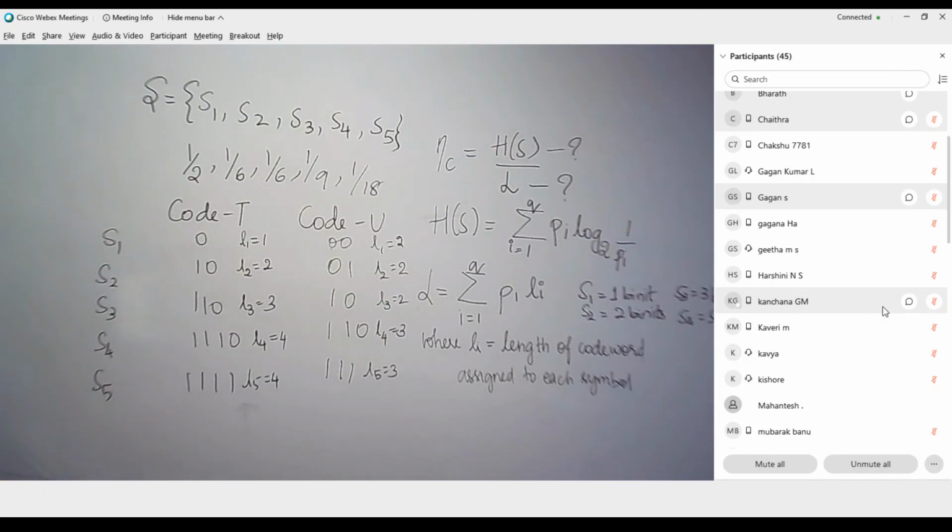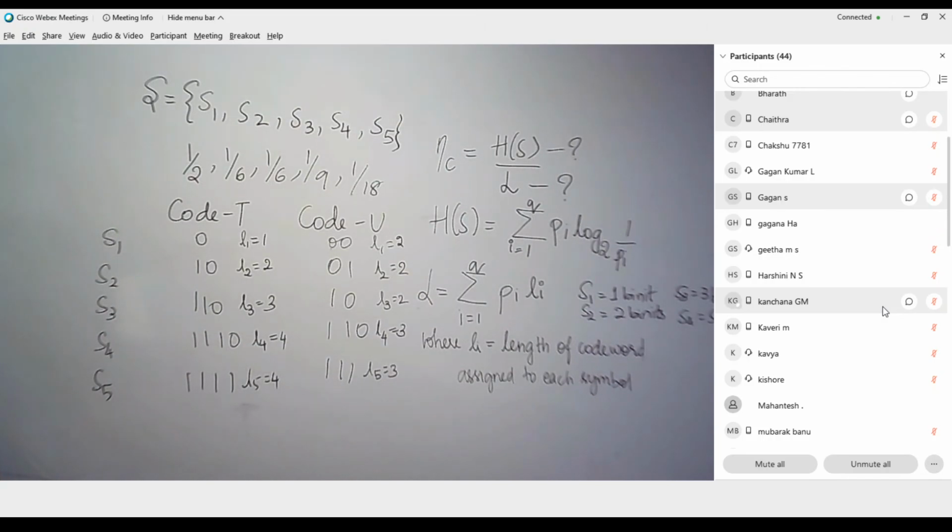Now find the code efficiency, eta C. It is the ratio of HS over L. So you will get 1.944 divided by 2. Give me the code efficiency.